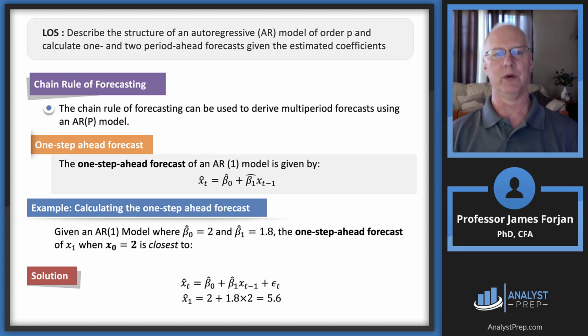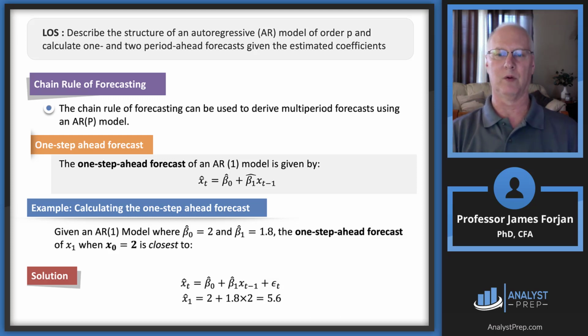Now, what we can do in these AR models is predict based on the estimated parameters from the model. So look at the 1 step ahead forecast. There's our AR1 model, xt and xt minus 1. Let's look at this example.